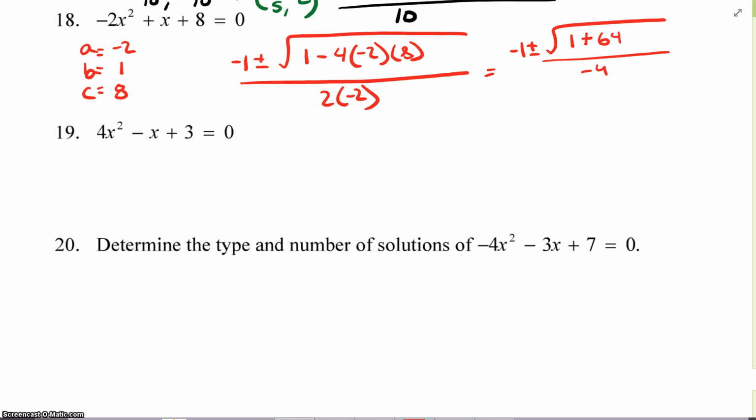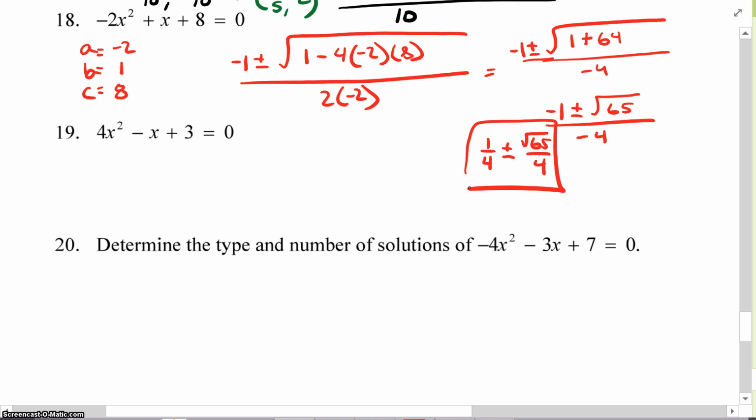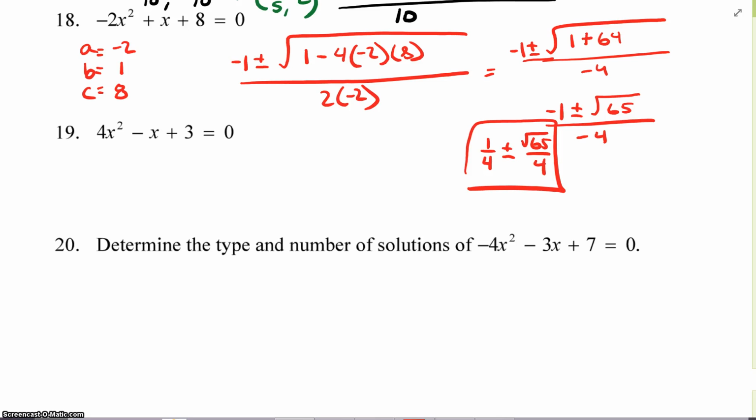Okay, so the next step is to rewrite this as negative 1 plus or minus the square root of 65 all over negative 4. So I could rewrite this as 1/4 plus or minus the square root of 65 over 4. The negative sign goes away on the left because a negative times a negative is a positive. It goes away on the right because it's plus or minus.